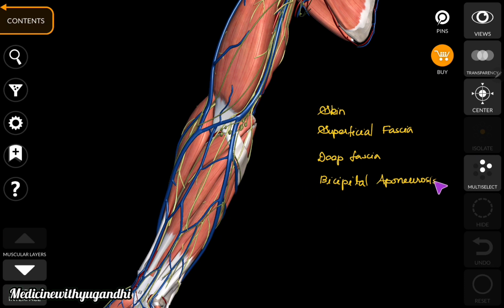These four structures contribute to the roof of the cubital fossa. Again, I am repeating, they are skin, superficial fascia, deep fascia, and bicipital aponeurosis.